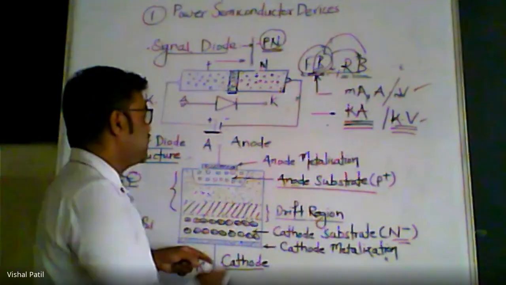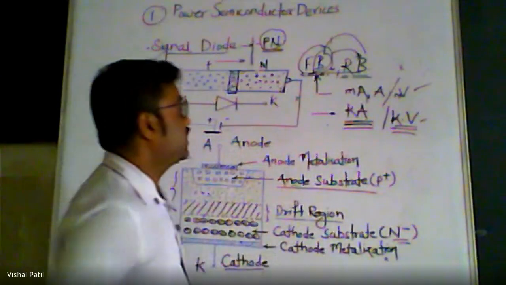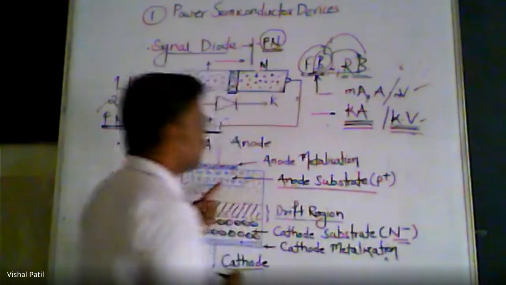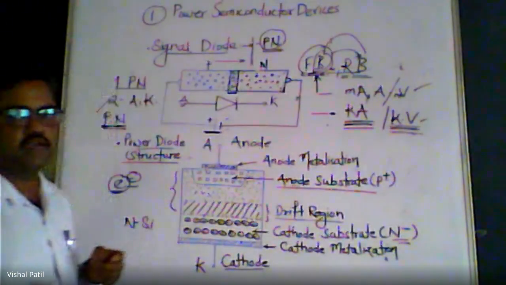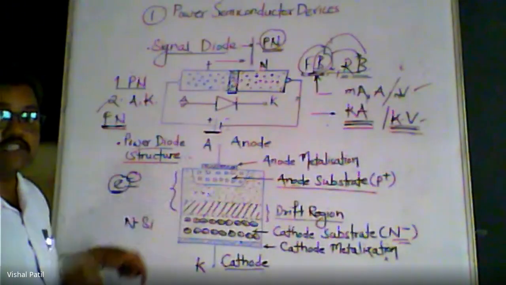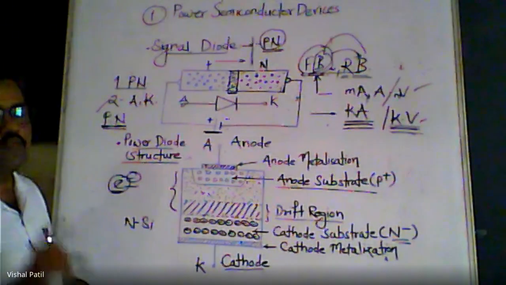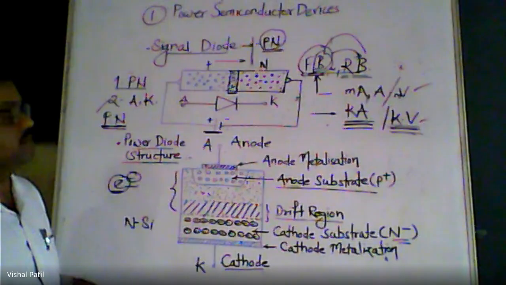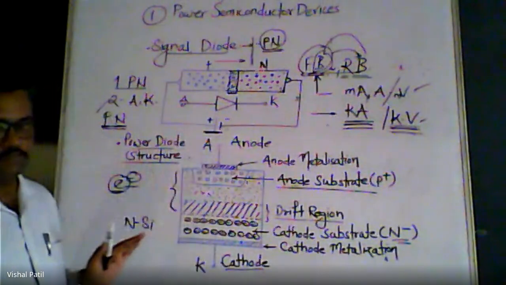And when we put this power diode in reverse bias, a very huge voltage will be blocked by this power diode, a voltage in terms of kilovolts. So in forward bias we get the expected forward current, and in reverse bias we get the reverse blocking voltage. Actually we block the voltage when we connect this diode in reverse bias.